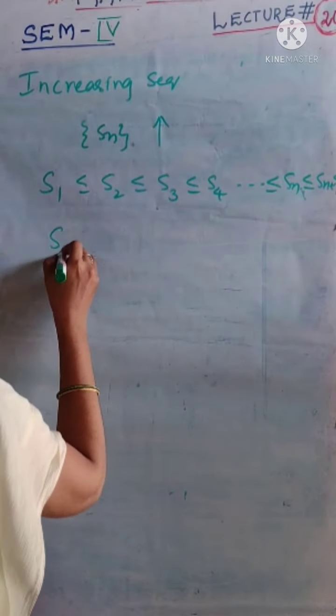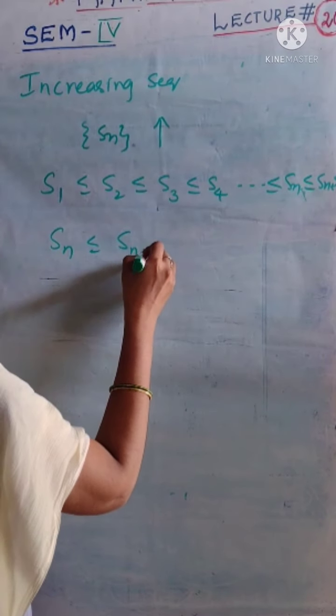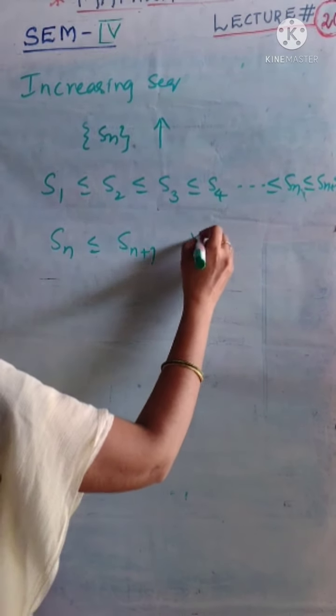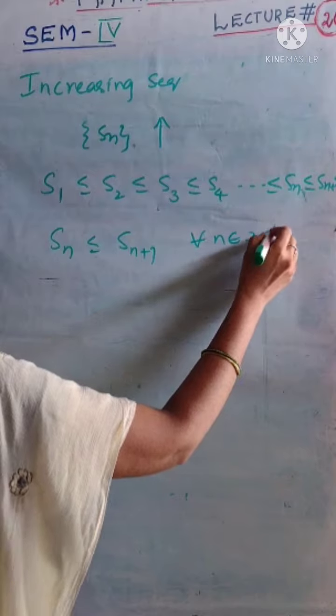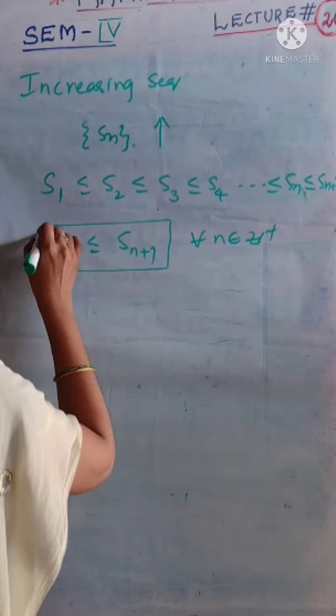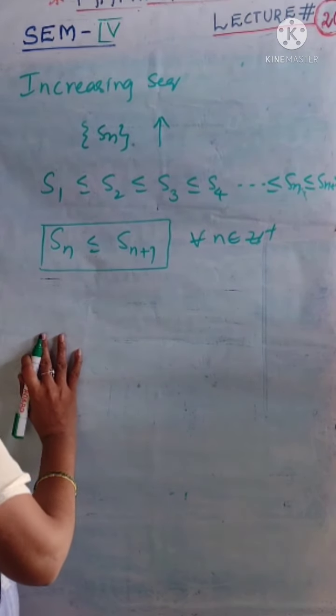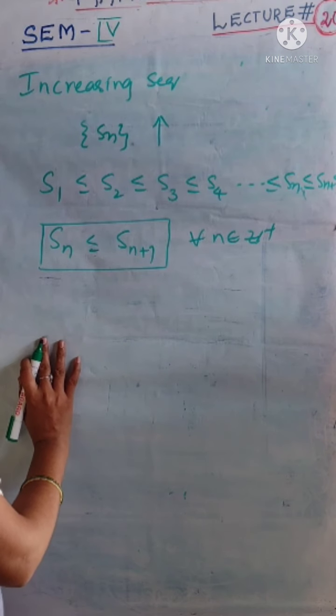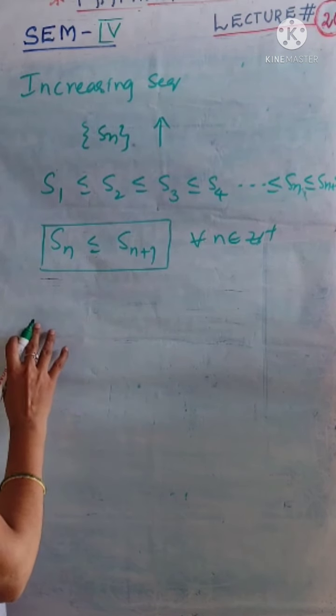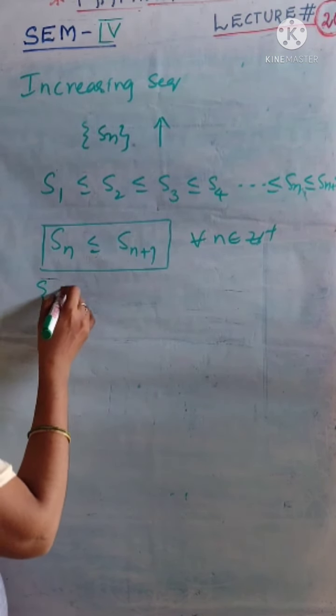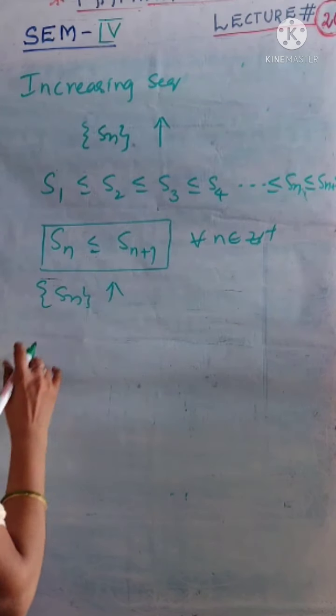That means smaller terms are lesser than bigger terms. If we find the condition that Sn is less than or equal to Sn plus 1, then we can confirm that the given sequence Sn is increasing.